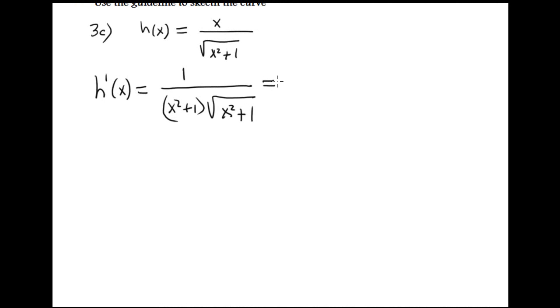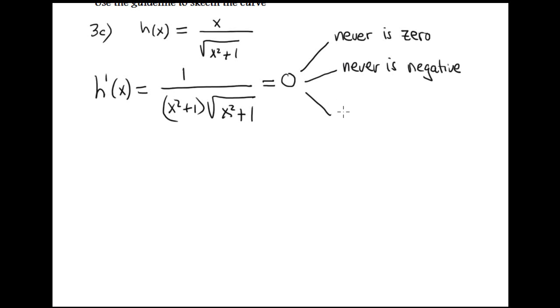If you analyze this expression, it is never 0. It's obvious, right? Because of the 1 in the top, impossible. And also, it is never negative. It is always positive, because this is positive, this is also positive, and positive divided by positive is positive.